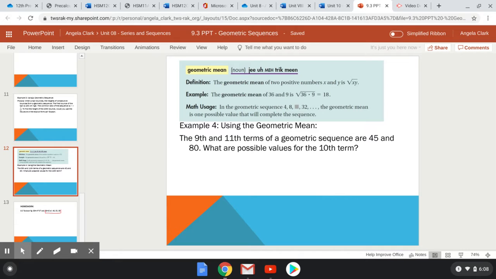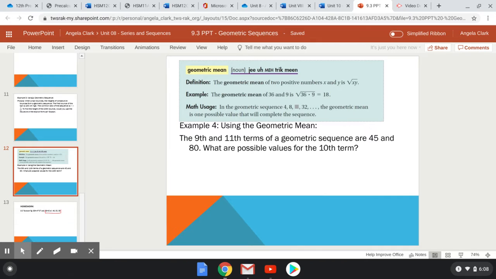So it's kind of the same idea of the arithmetic mean, where you're finding the thing in between, but this time you're finding the thing in between such that when you multiply each number, it's going to be multiplying by the same thing instead of adding the same thing like it was with the arithmetic mean.